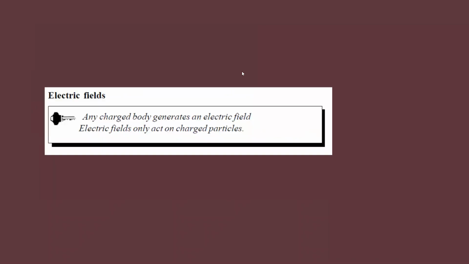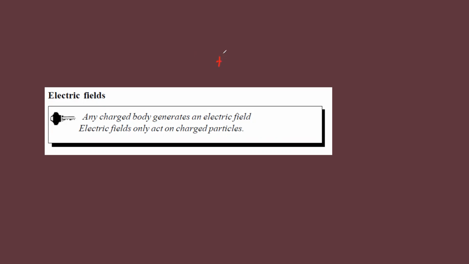Now, how do we define electric field? Electric field means, when there is a charged object, the region around the charged object where other charges can experience force.